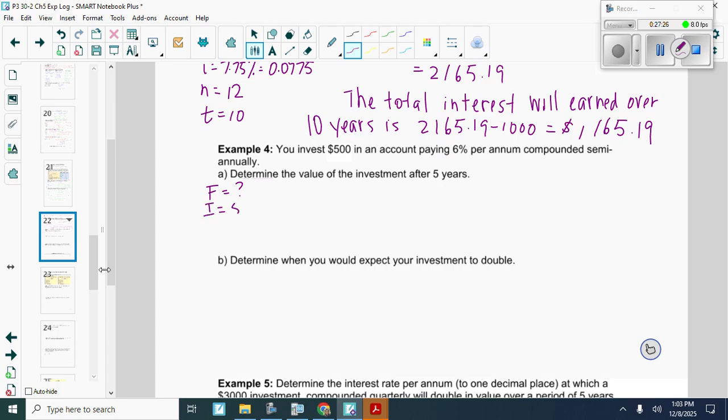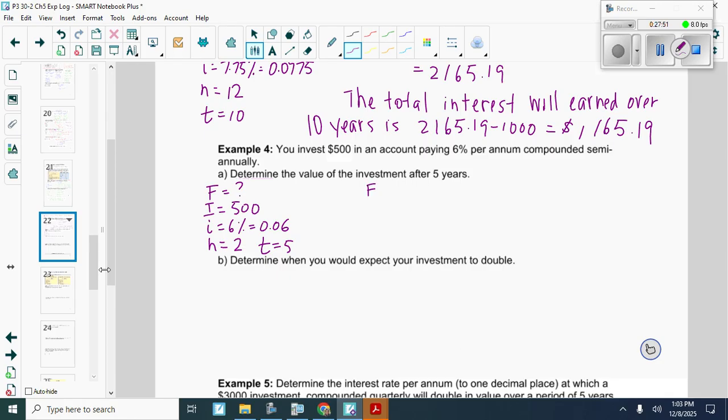The initial amount is 500. The interest rate is 6%, which is 0.06. The compounding period is semi-annually, so it's 2. The time is 5 years, and we want to determine the value.